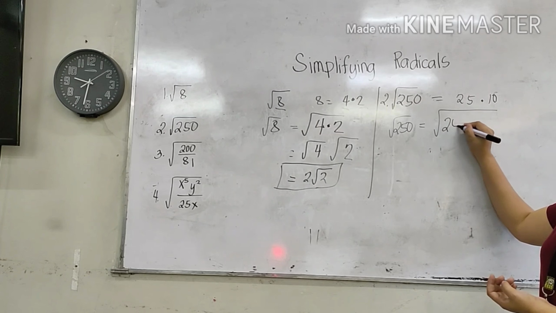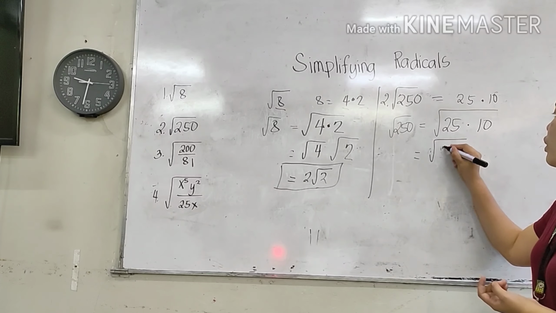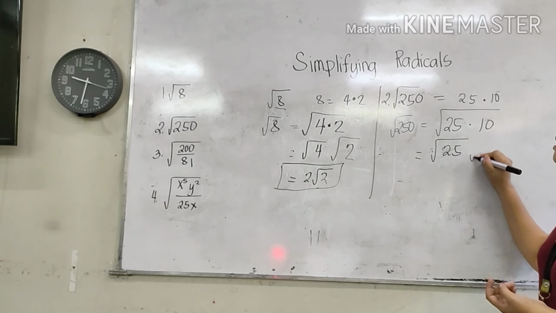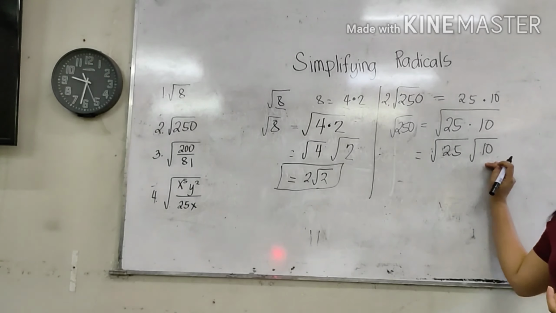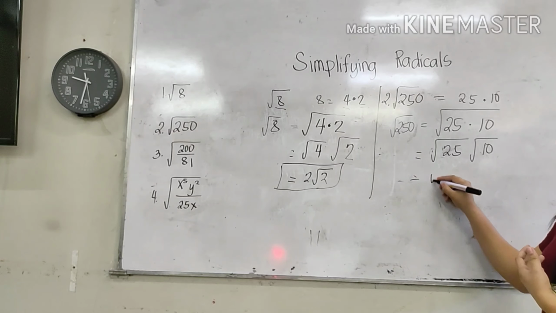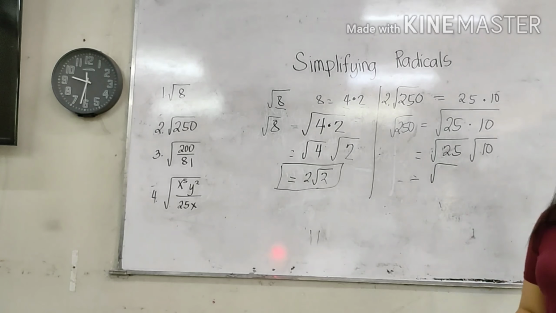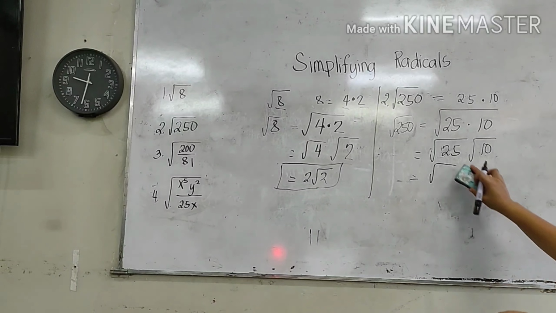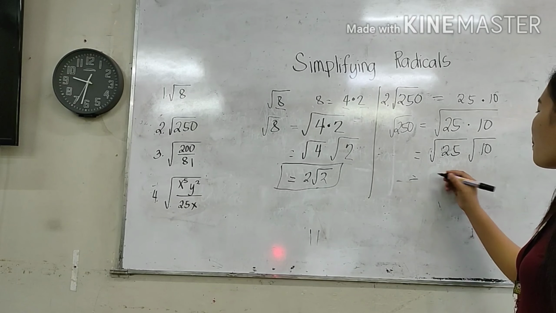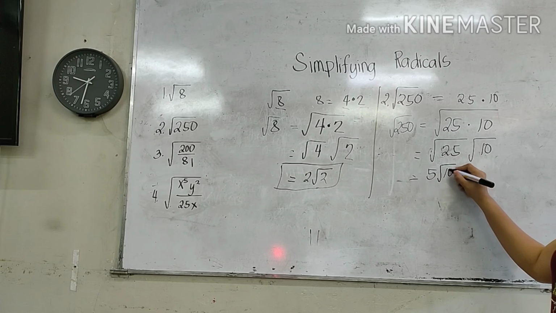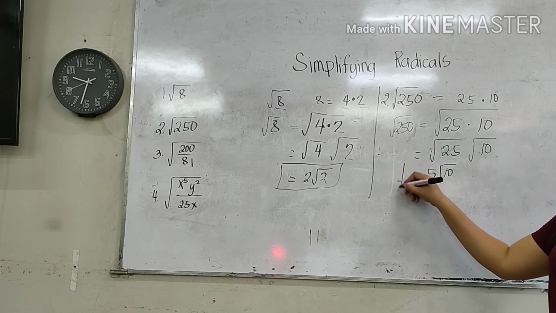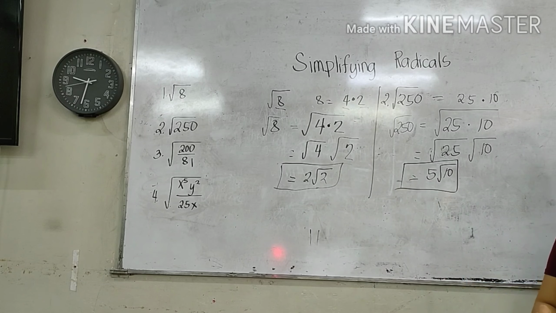Then the same process, just get the square root of 25 and the square root of 10. This is multiplication: square root of 25 times square root of 10. The square root of 25 is 5. Then just copy the square root of 10 because 10 is not a perfect square. Then this is your answer.